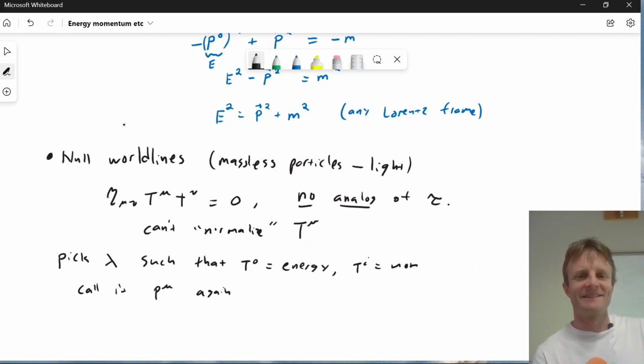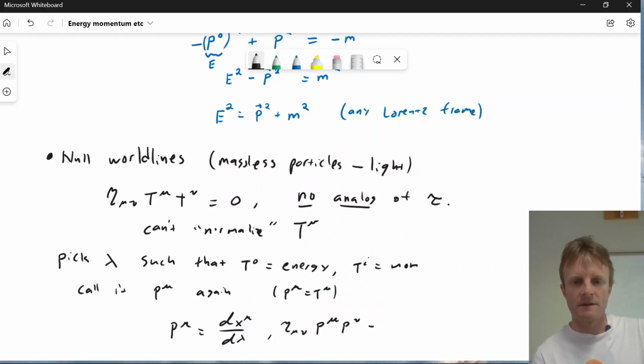So this t mu is p mu. So we can write p mu equals dx mu d lambda. And we can say now p mu p nu equals 0.